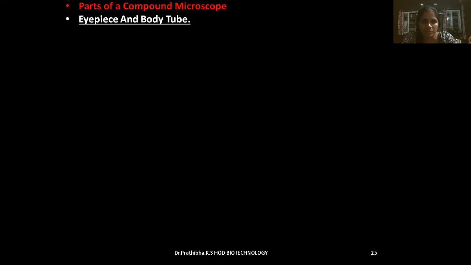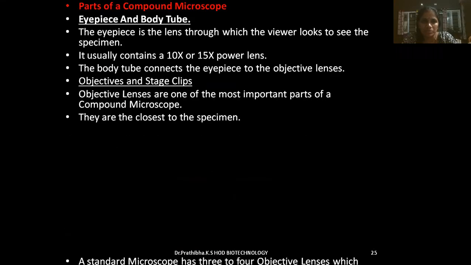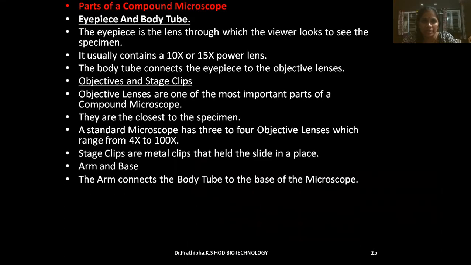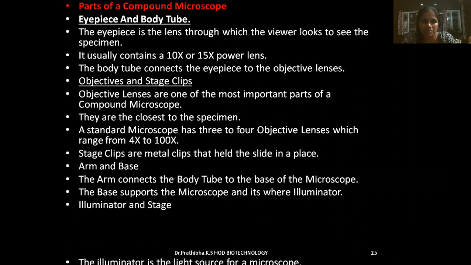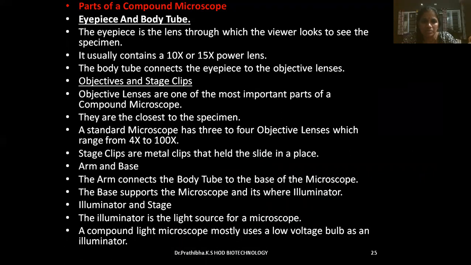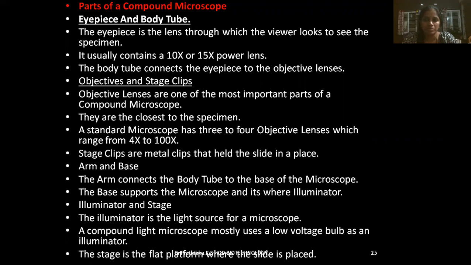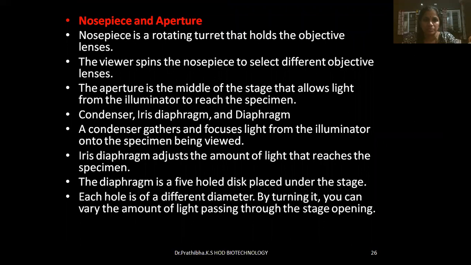Parts of compound microscope: objectives and stage clips, nose piece and aperture.